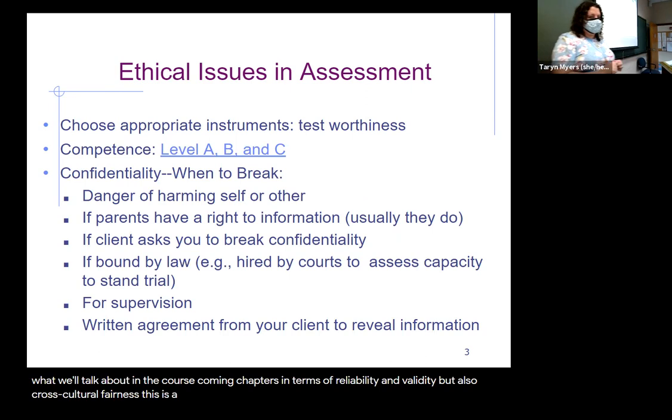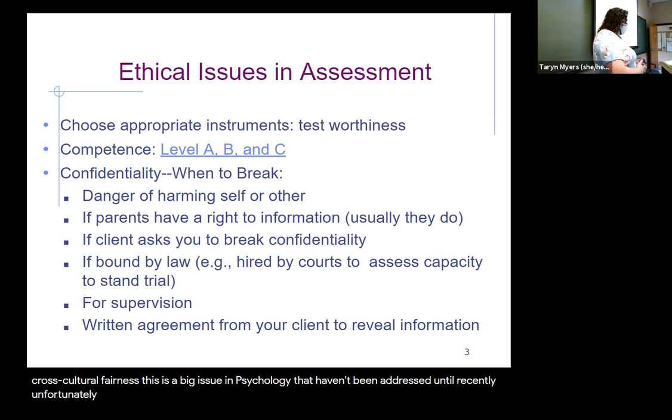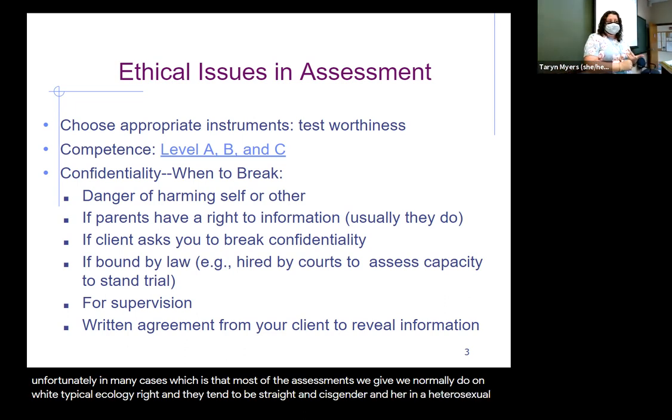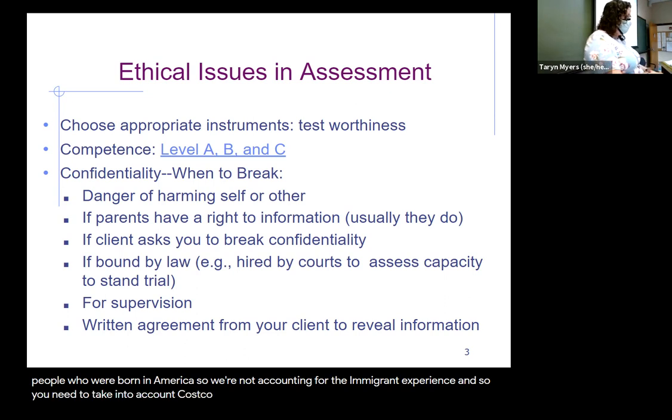This is a big issue in psychology that hasn't been addressed until recently, unfortunately, in many cases, which is that most of the assessments we give were normed on white, typically college students. And they tend to be straight, cisgender, heterosexual people who were born in America, so we're not accounting for the immigrant experience. And so we need to take into account cross-cultural fairness as well.